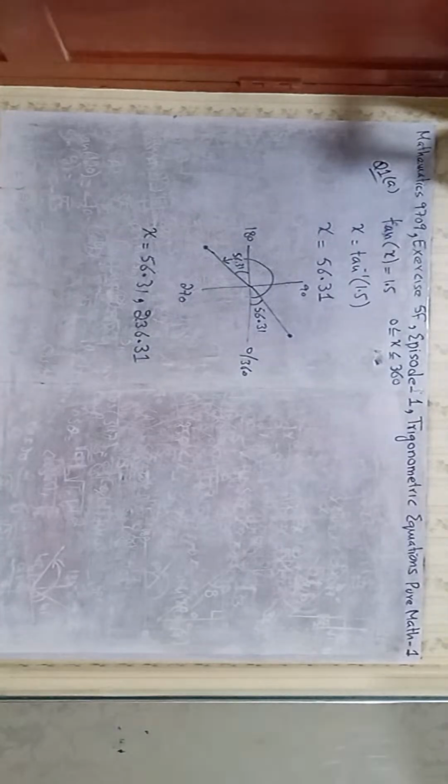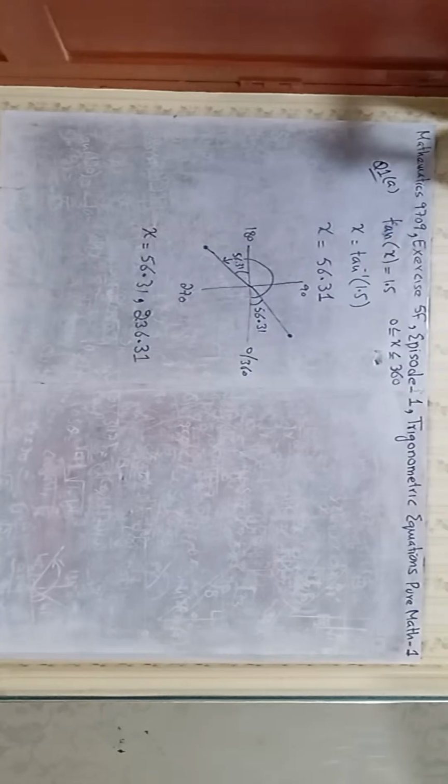So these are the 2 x values from 0 to 360 where the tan x value was positive 1.5. Okay, so let me check. 56.3 and 236.3. So these are the answers. Our answer is right. So let's go to the next question.